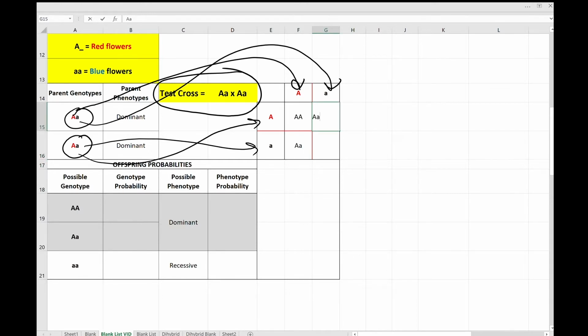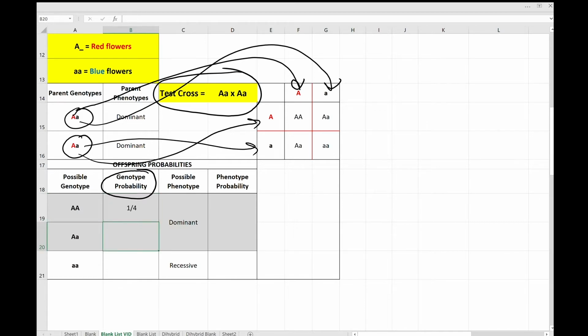Big A, and little a. So now what we're going to do is come down here to genotype probability, and we're going to count out of 4 how many are going to be homozygous dominant. And that equals 0.25, or 1/4.